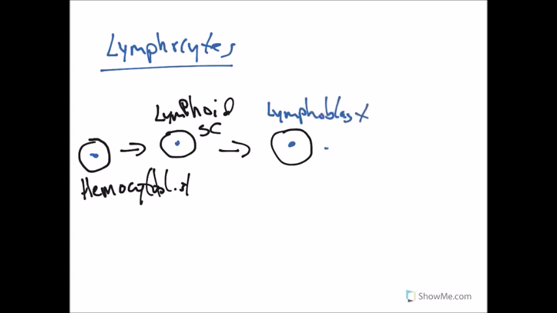And with the lymphoblast, we have a cell called a prolymphocyte, and the prolymphocyte continues on to become a lymphocyte.